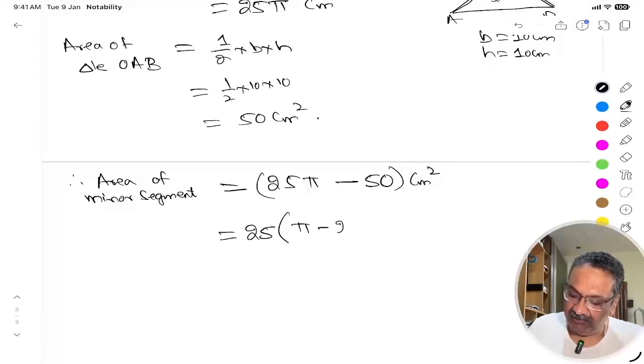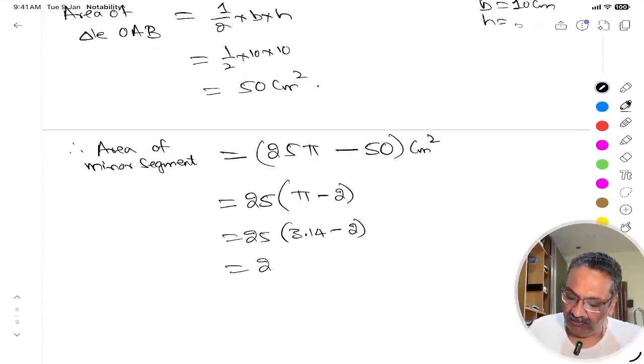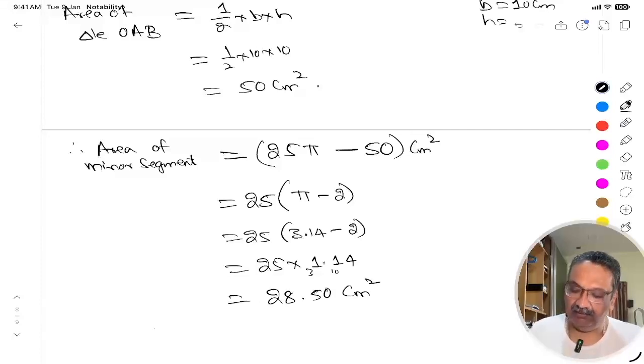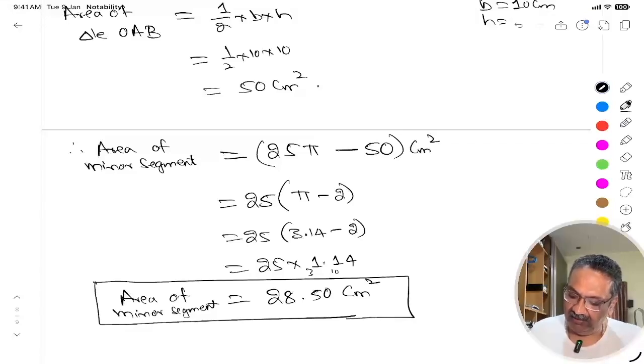I get pi minus 2, which is 25 into (3.14 minus 2) is equal to 25 into 1.14, which is equal to 28.5 centimeter square. Alright, so I got area of the minor segment is 28.5 centimeter square.